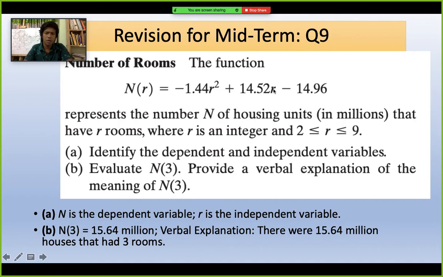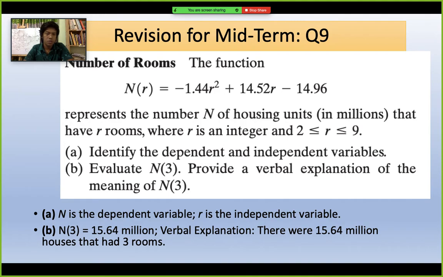Here r is the independent variable, and n is the dependent variable. Number of houses is the dependent variable. Why? Suppose we ask how many 3-bedroom houses we have.